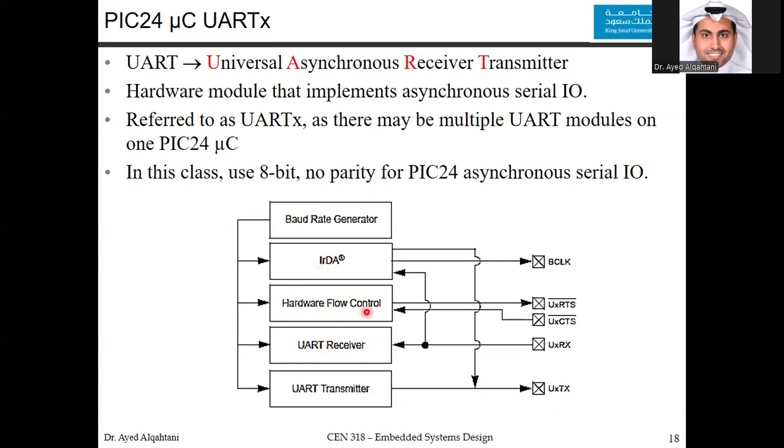You could use hardware flow control, where you have a request to send or a clear to send signal. We have seen this when we talked about the RS-232 standard. Notice that they are active low. When you want to transmit, you should actually wait. You could have a flow control that helps you know if the receiver is ready for you or not.